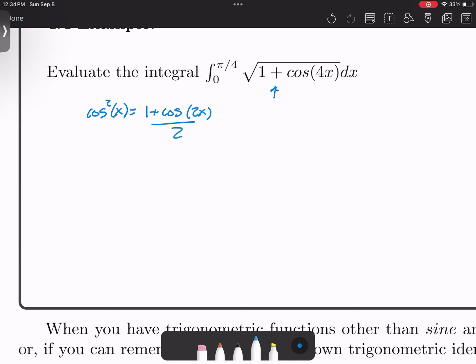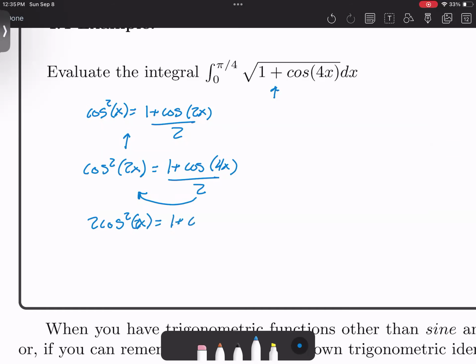So if I just rewrote this, instead of x's, I let them be 2x's, I can rewrite cosine squared of 2x as 1 plus cosine 4x over 2. I can throw that 2 over to the other side, and 2 times cosine squared of 2x is equal to 1 plus cosine 4x.